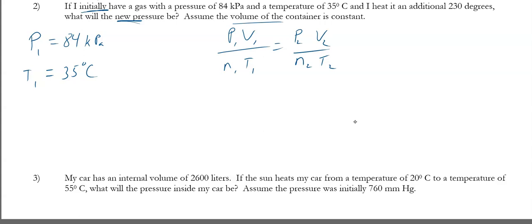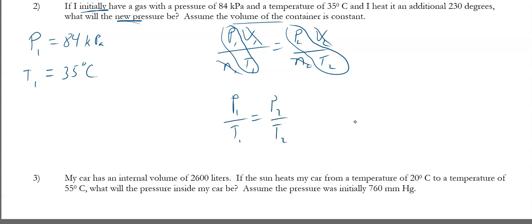We know pressure changes and temperature changes, and so we need to keep these two in the equation, but the volume is constant, so it's going to cancel out, and it doesn't say anything about changing the amount of gas, so moles will be the same. So if I rewrite this equation now, I get P1 over T1 equals P2 over T2.